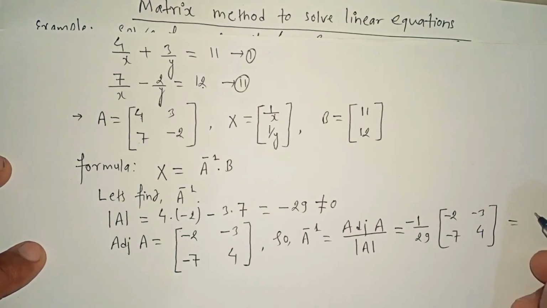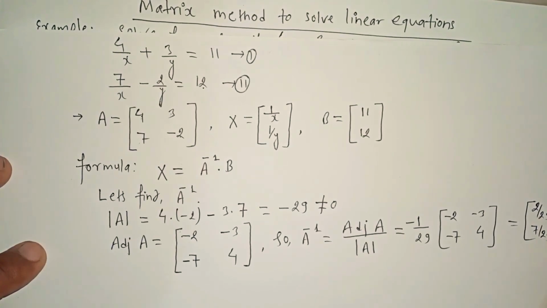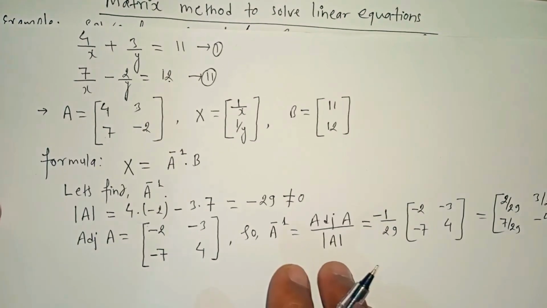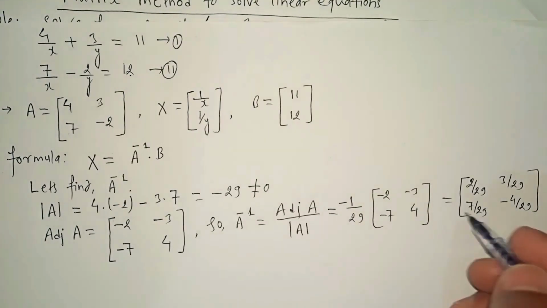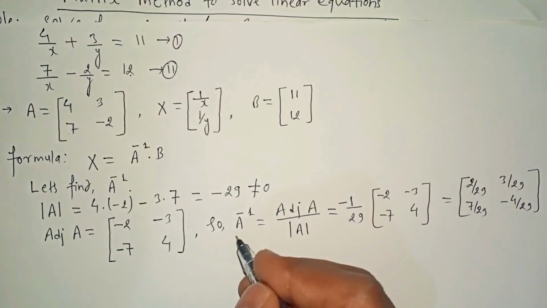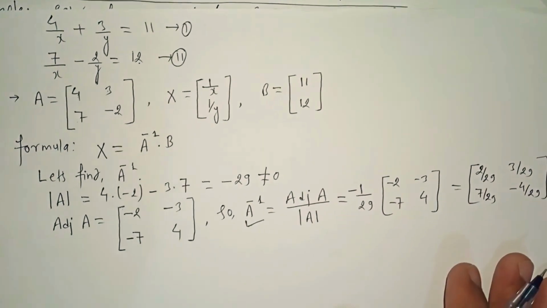Let's simplify this. This is 2 over 29, 3 over 29, 7 over 29, and negative 4 over 29. This is the value of A inverse.